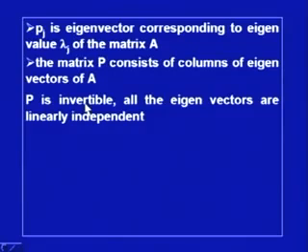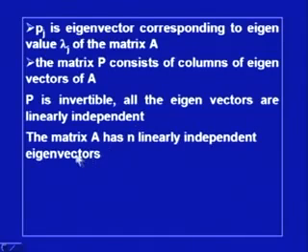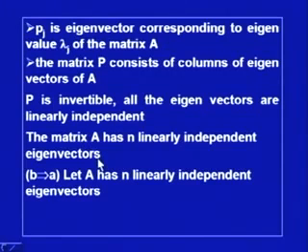And since P is invertible, all the eigenvectors are linearly independent. This is the result which we established earlier. So, the matrix A has n linearly independent eigenvectors. If A is diagonalizable, then it will have n linearly independent eigenvectors.